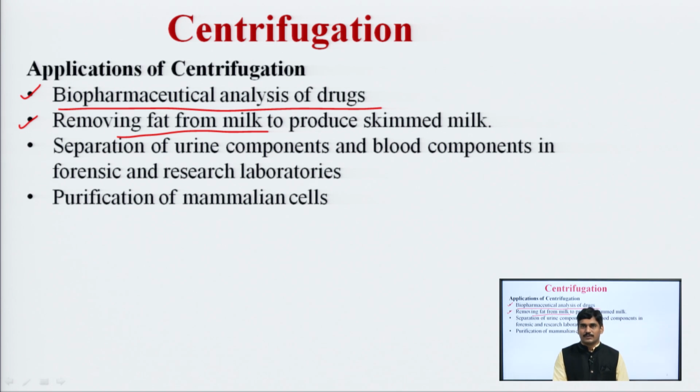Urine components and blood components in different forensic and research laboratories can be separated out by using the principle of centrifugation also. Then purification of mammalian cells can be done. So, these are various types of applications of the centrifugation process.